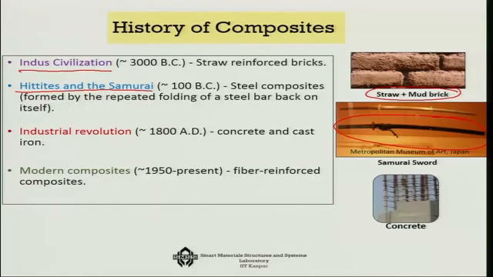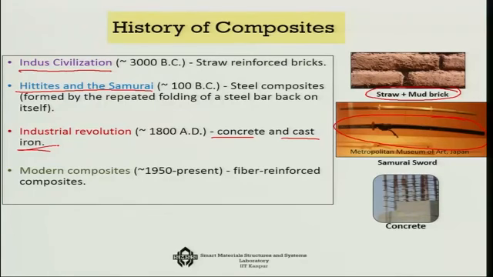At a later stage, with the industrial revolution, we got two great products of composites. One is the concrete and another is the cast iron. Both of them became revolutionized post-industrial revolution.